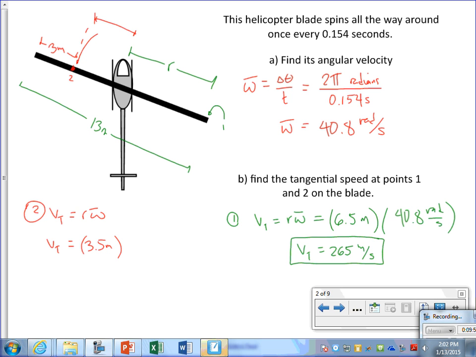So yeah, there's 3.5 meters times that same 40.8 radians per second. And this thing, 143. Okay, so definitely different speeds, even when things have the same angular velocity. Fair enough? Okay.